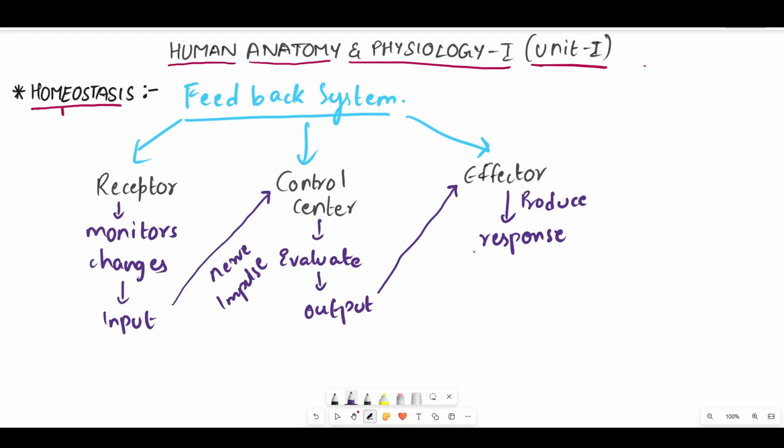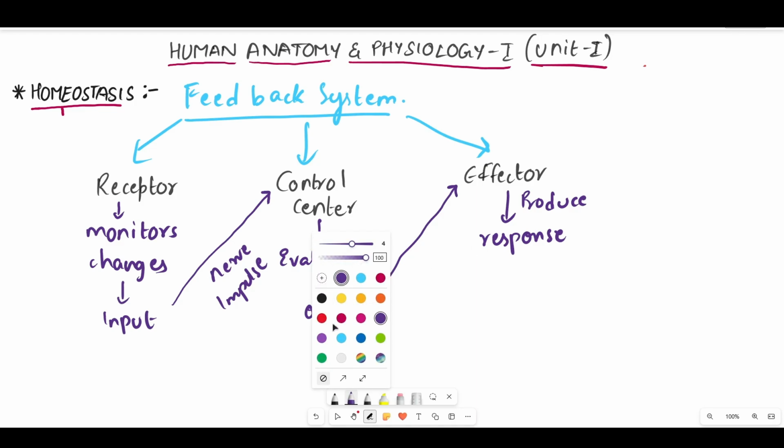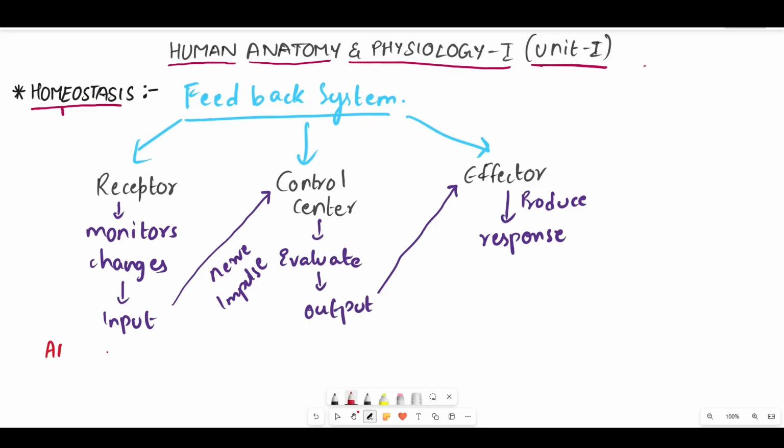Here we have to know two important terms: the receptor side we call the afferent pathway, whereas the effector side we call the efferent pathway. Why are they called afferent and efferent?